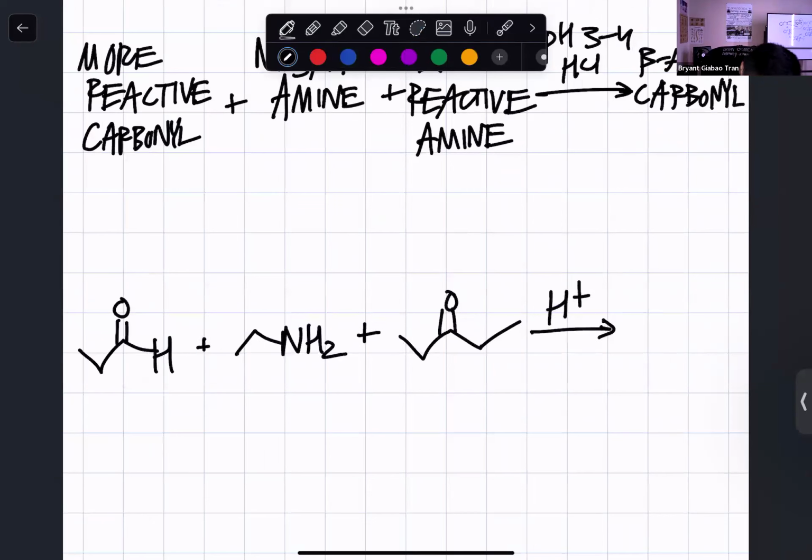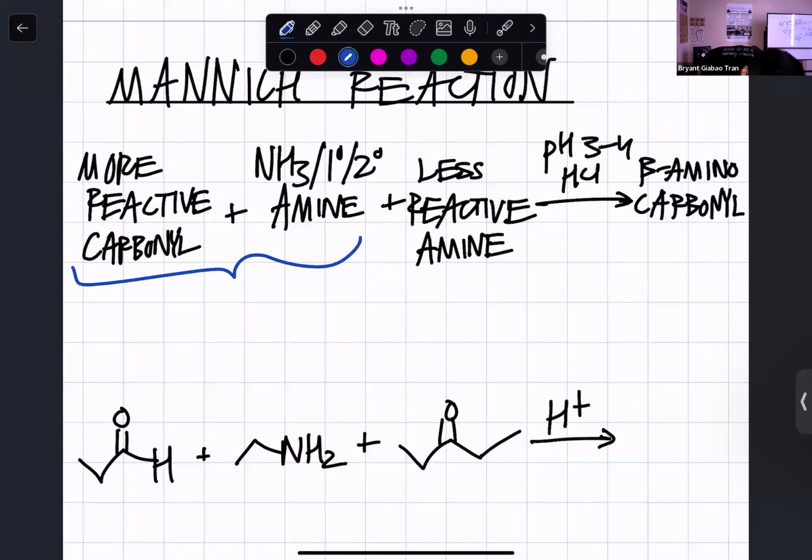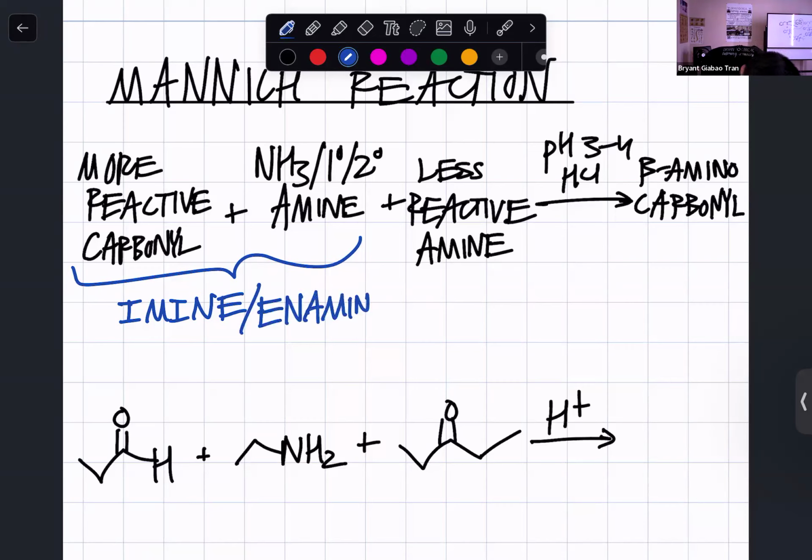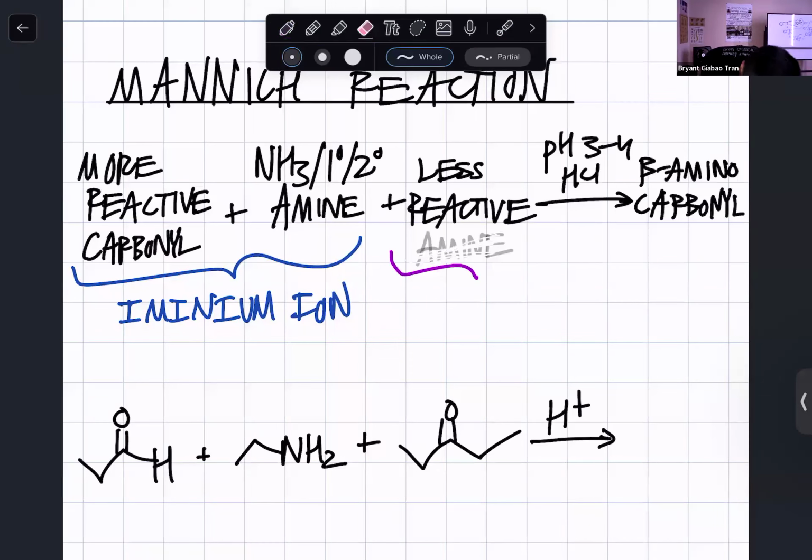But the more reactive carbonyl and amine are going to come together to form an imine, or if it's a secondary one, it could be an enamine. Actually, no, it's still going to be an iminium ion. So the iminium ion is going to be formed from the more reactive carbonyl and the amine. And then the less reactive carbonyl, this is supposed to be carbonyl, less reactive carbonyl.